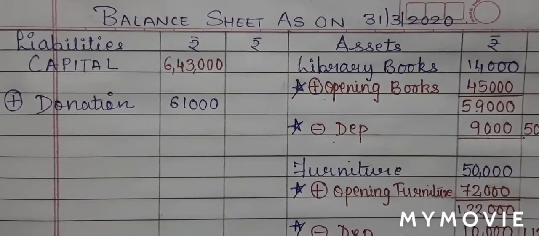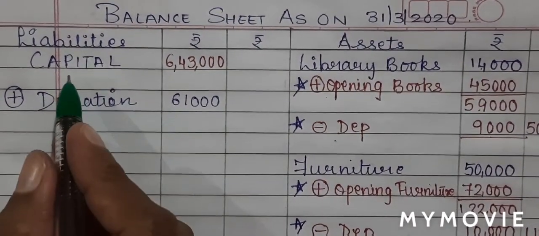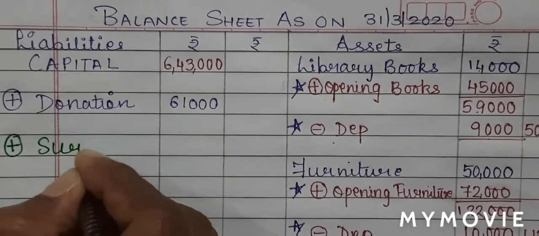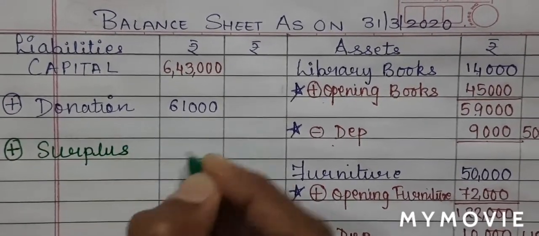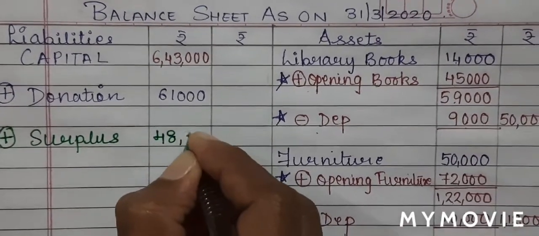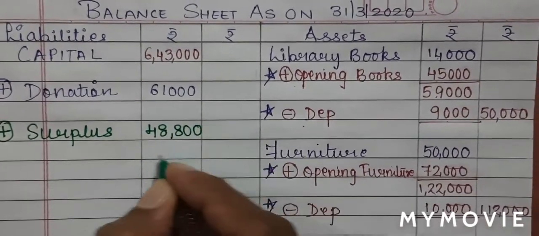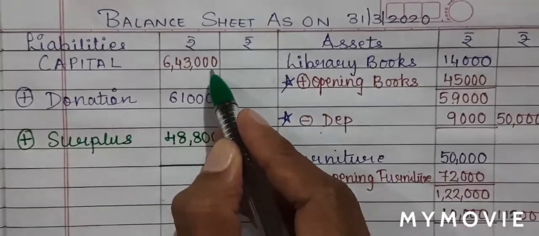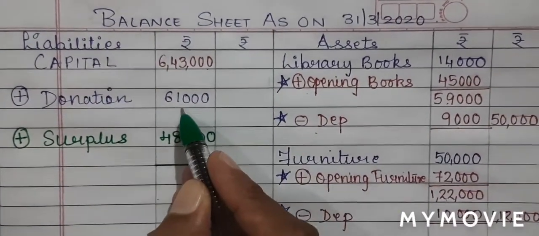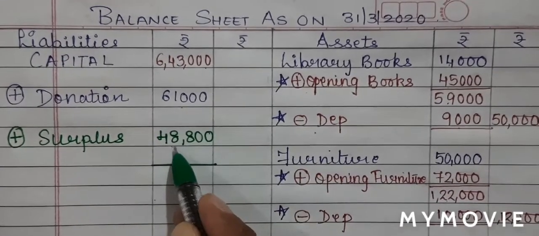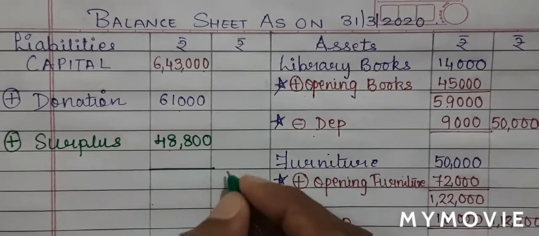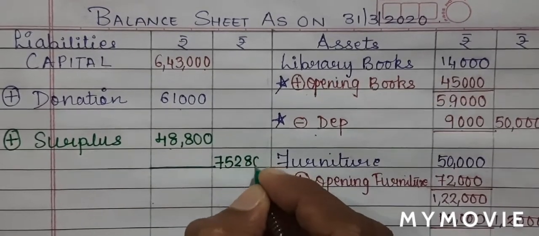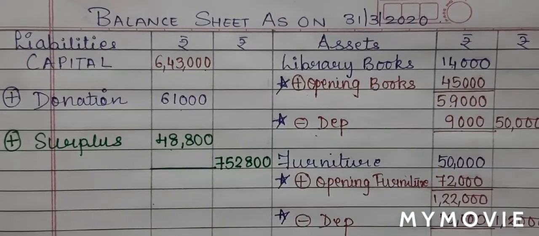Now since I have got a surplus, on my capital side, I will add surplus 48,800. I can now total the capital amount. So 6,43,000 plus 61,000 plus 48,800. I get a total of 7,52,800, which I'll write in the outer column.